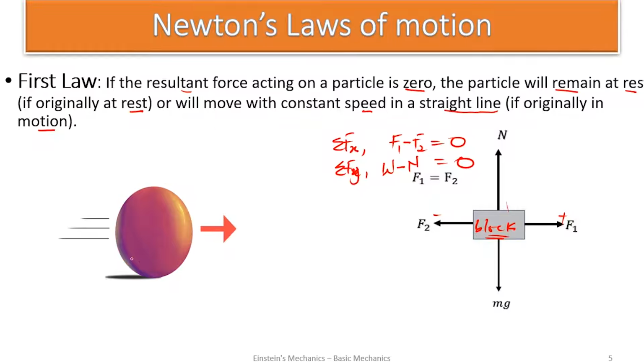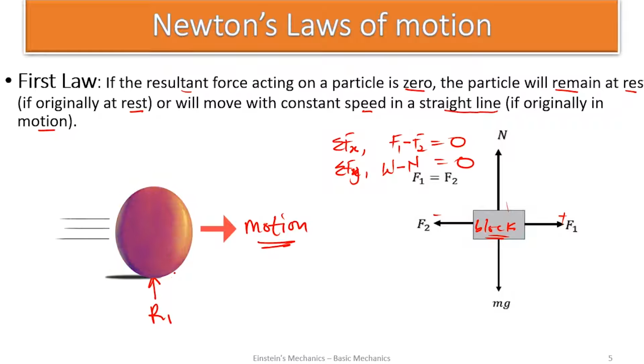Let's look at this figure. This figure is in motion. Yes, it is in motion, meaning there is a force that caused the motion. Let's assume there is a reaction force here, and this is the force that caused the motion.